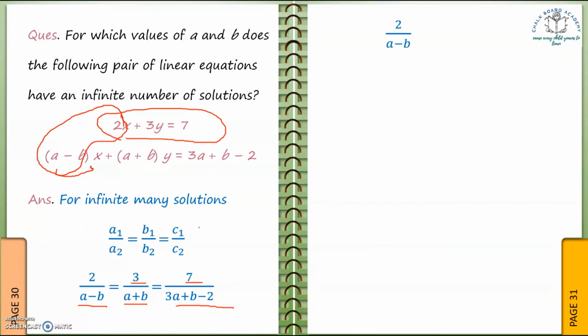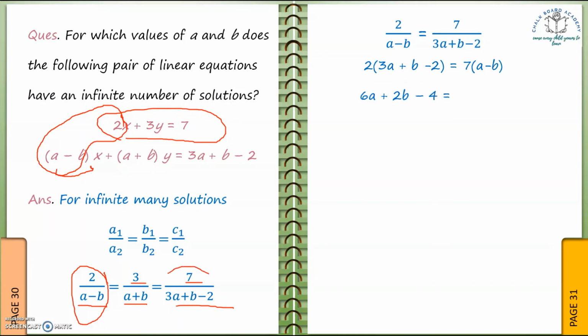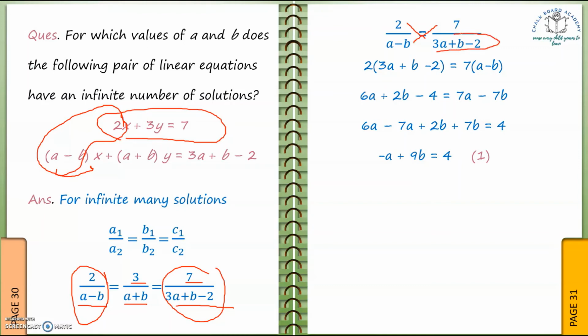Let's see how we have done that. Here we are taking the first ratio, and then we have taken the third ratio. Now we have compared them, and directly we have done cross multiplication. After cross multiplication, 2 is multiplied to this whole denominator, and then 7 is multiplied to a minus b, and after solving it further, we got this as a result, minus a plus 9b is equal to 4.